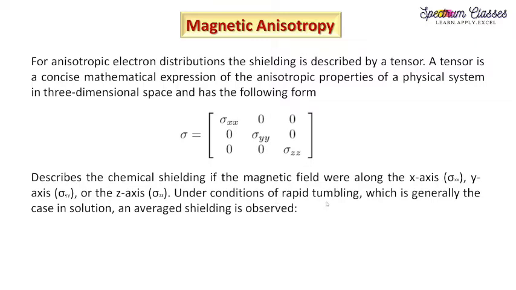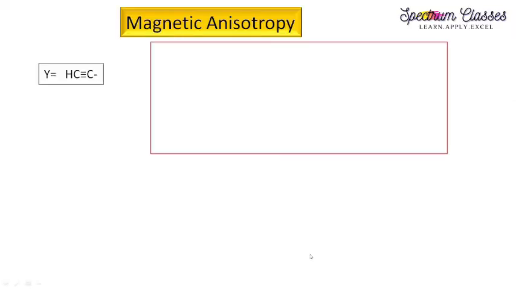Under conditions of rapid tumbling, which is generally the case in solution, it can be averaged out and represented as sigma equals 1/3 (sigma xx plus sigma yy plus sigma zz). So this is what we are going to discuss here.